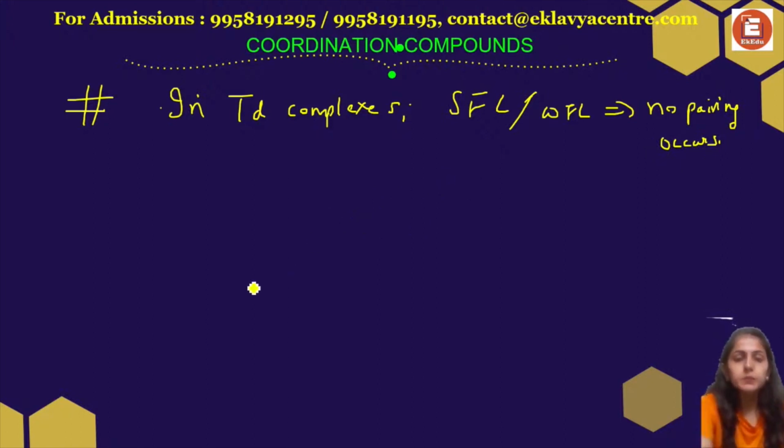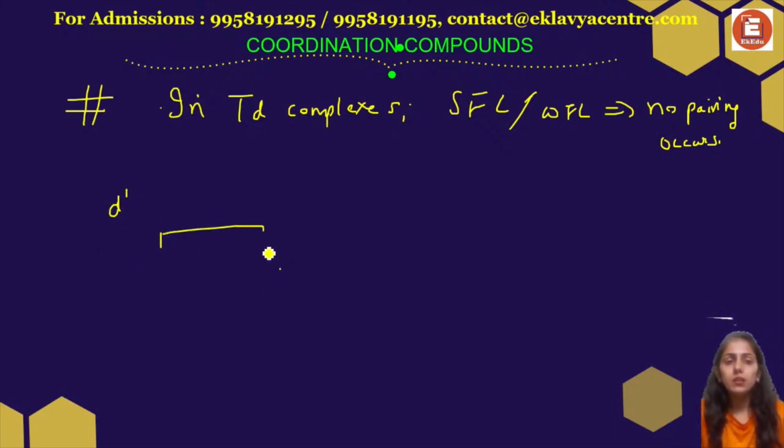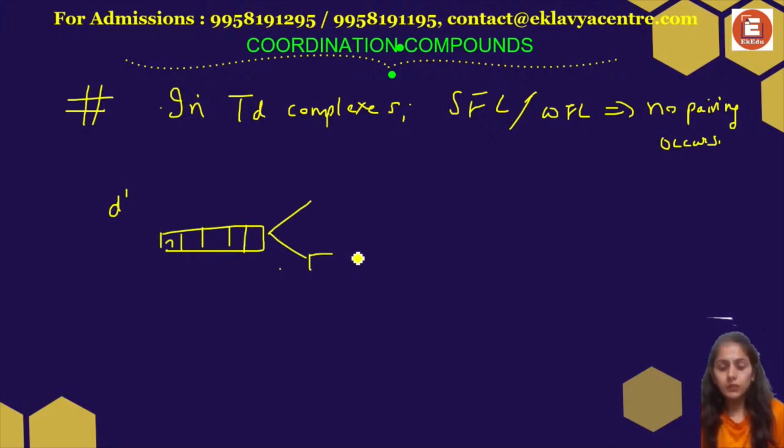Next, suppose I ask you, okay, d1, find out the CFSE. How will you find it? This is 1, we have the E orbital, and this is T2.